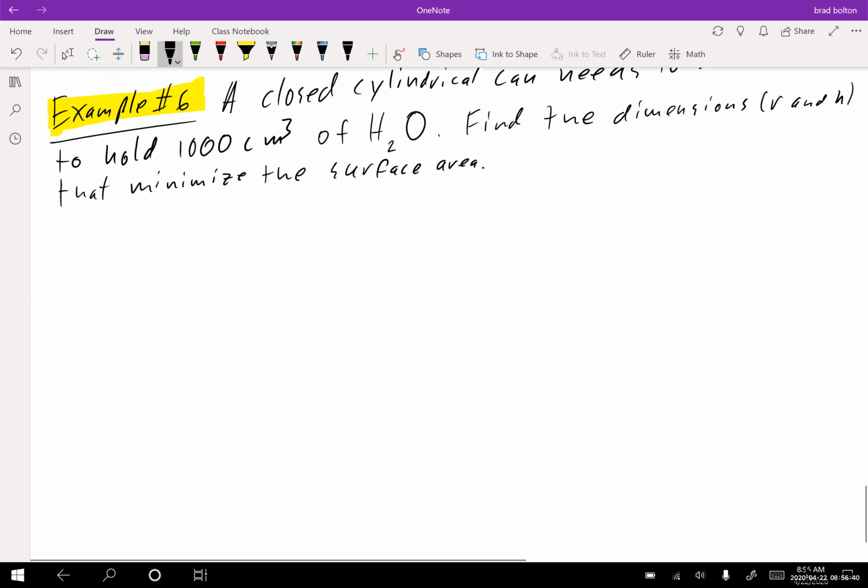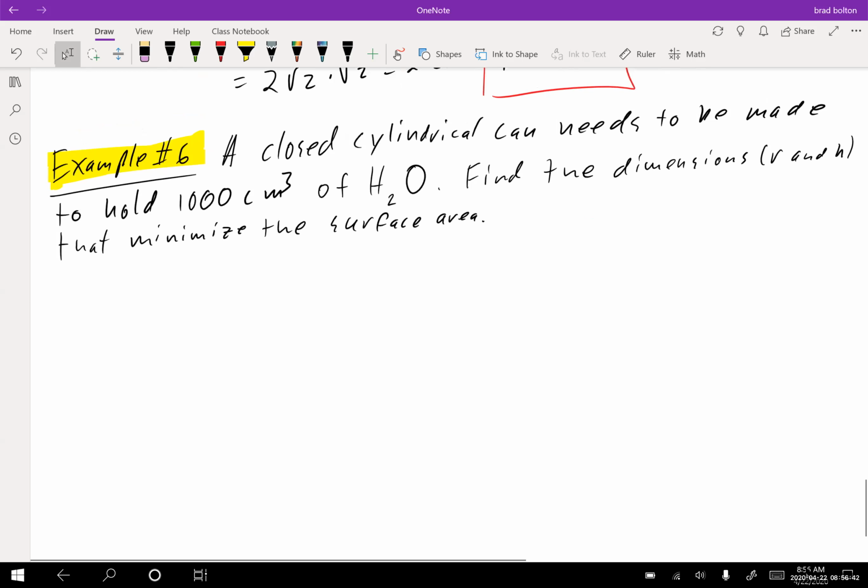Okay, so a closed cylindrical can needs to be made to hold 1,000 centimeters cubed of water. Find the dimensions R and H that minimize the surface area needed.